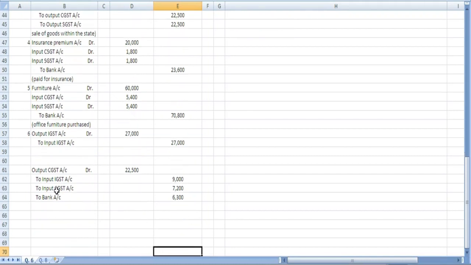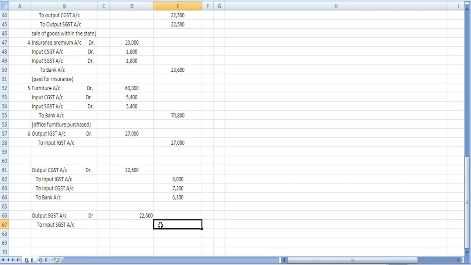And the third one here is adjusting the output SGST. So we have here output SGST account debit, that is your 22,500 to input SGST account.